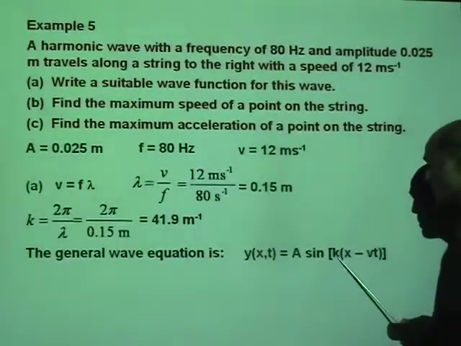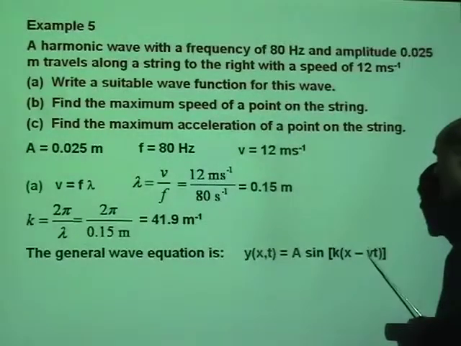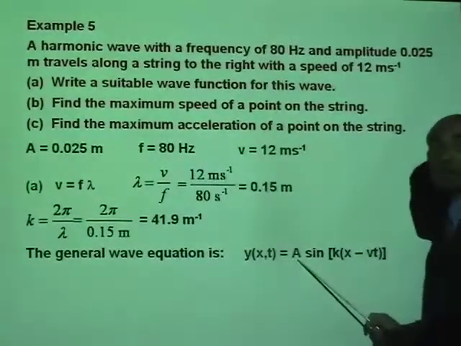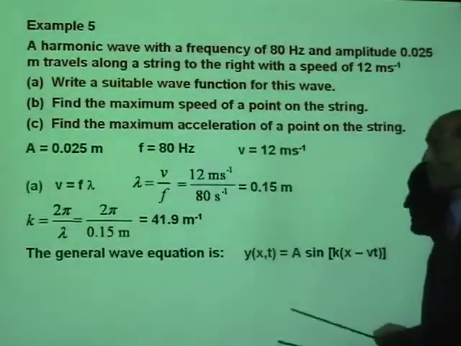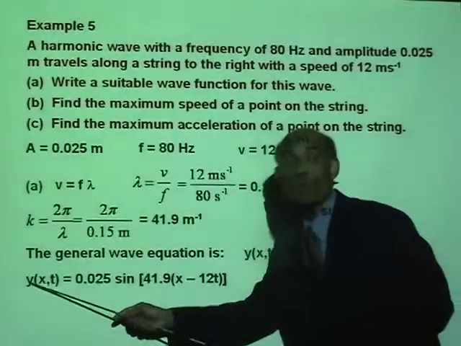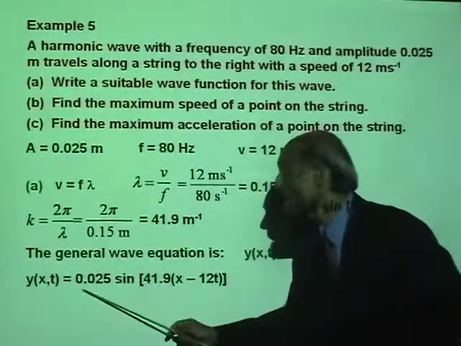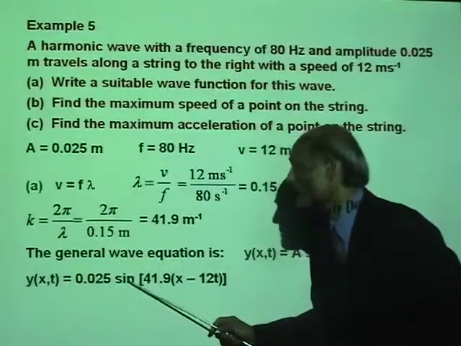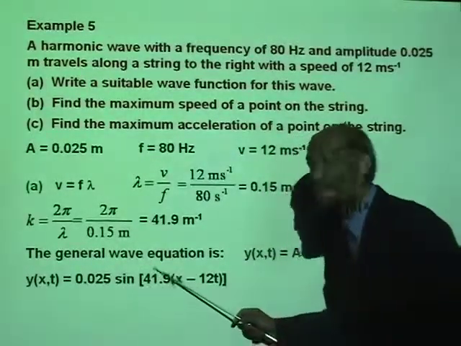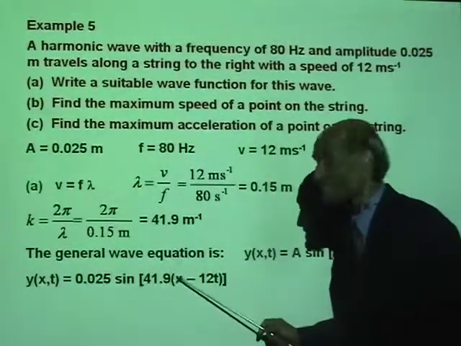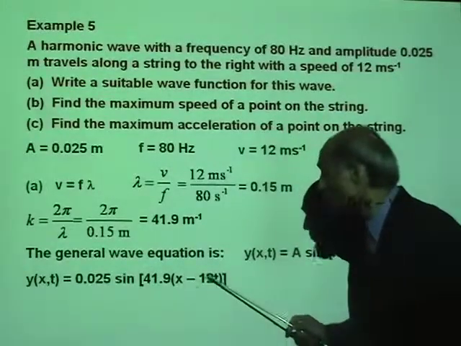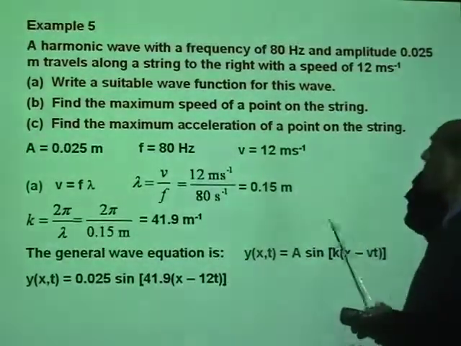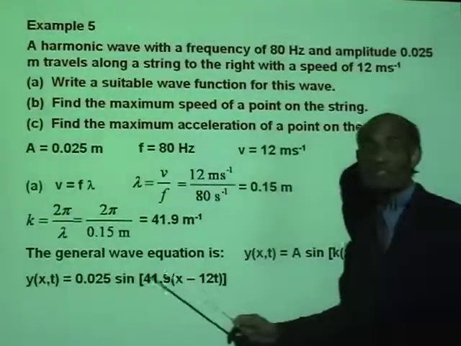I got the value of k, I know the value of v, I know the value of the amplitude. Therefore, the equation is y(x,t) is A is 0.025 sine k, k is 41.9 times (x minus 12t). v, the speed, is 12 meters per second.